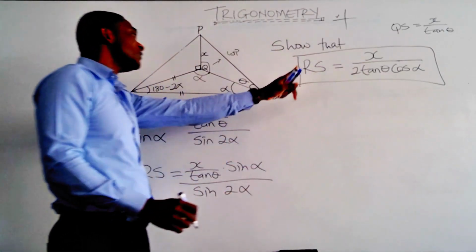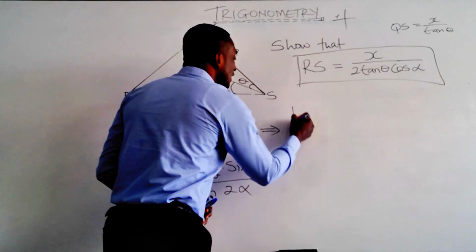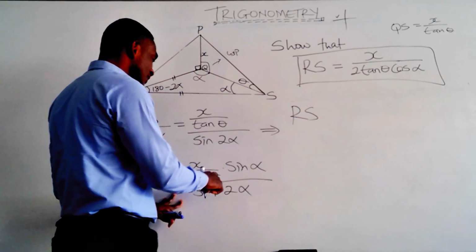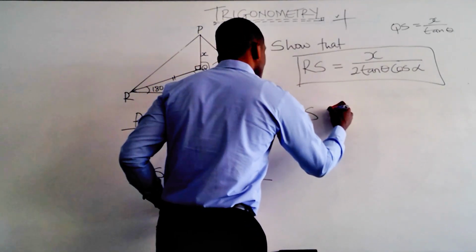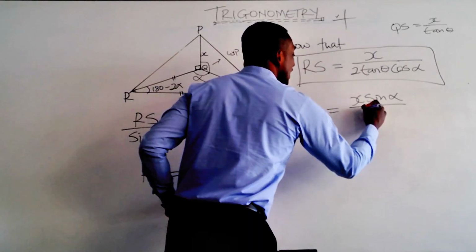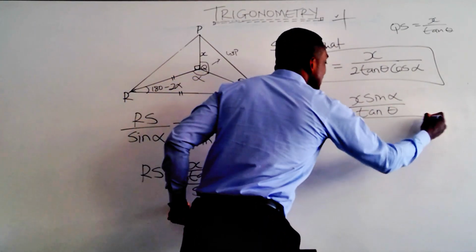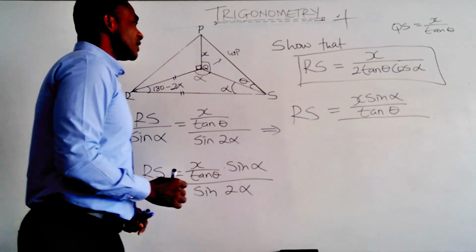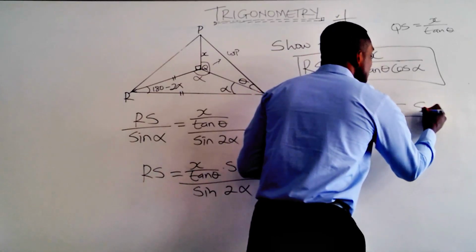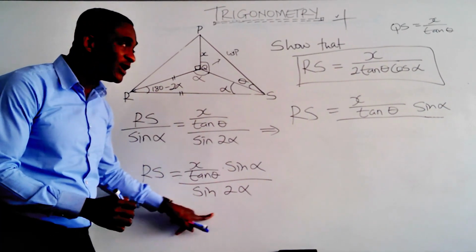We don't stop until we get there. Now, our RS going forward will be, in the numerator, x sine alpha over tan theta, divided by sine of 2 alpha.